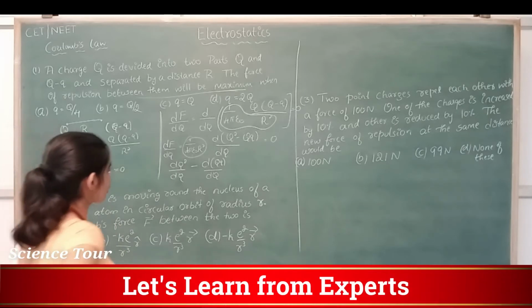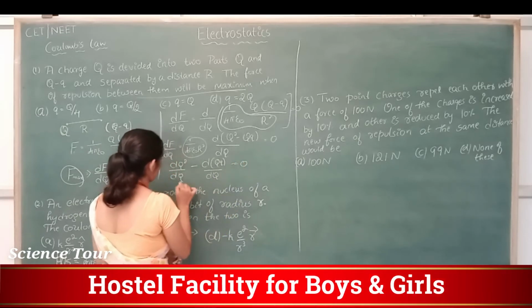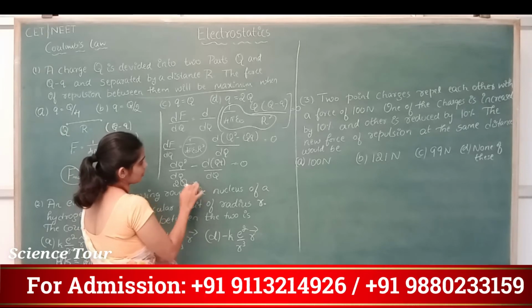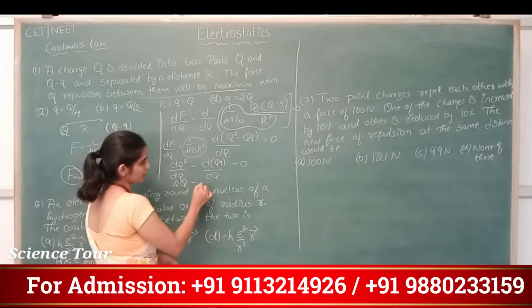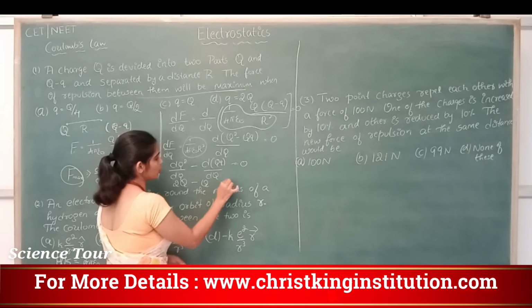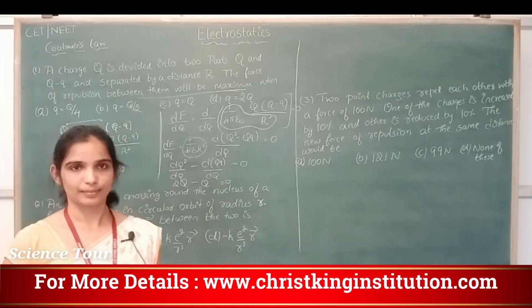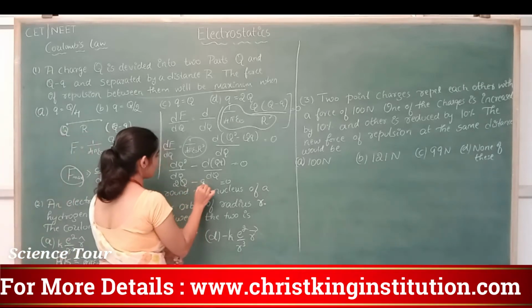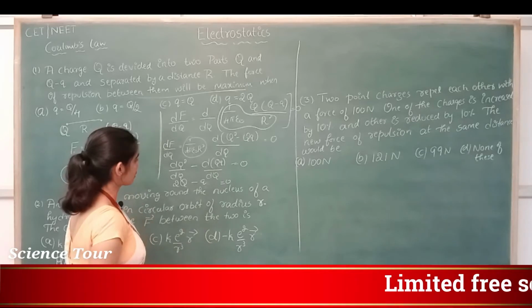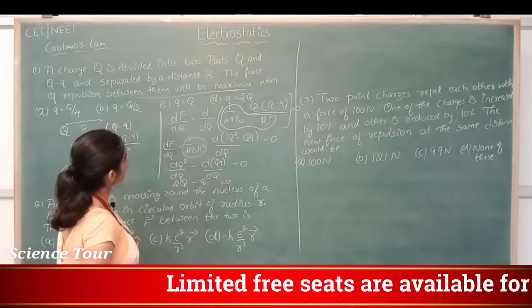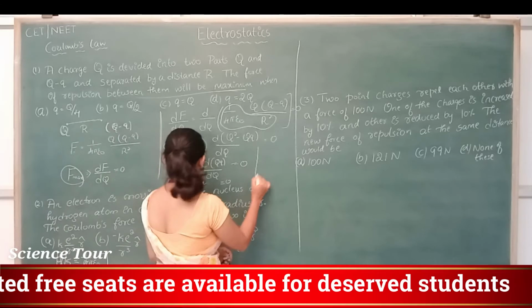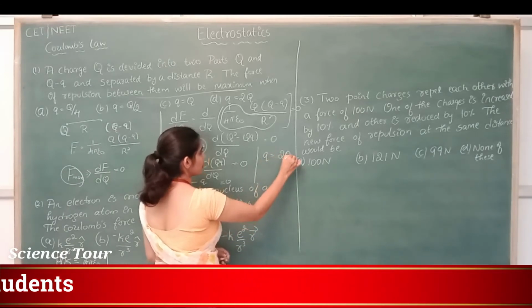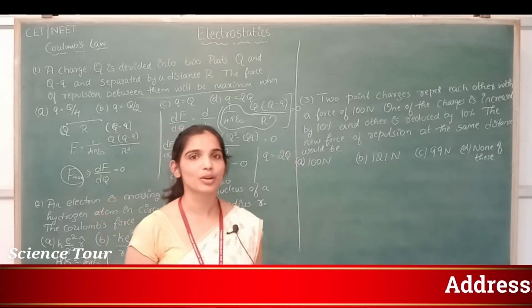So now this should be equal to 0. 2q minus Q is equal to 0. It should be small letter q, right. So what is q equal to? That is equal to Q by 2.